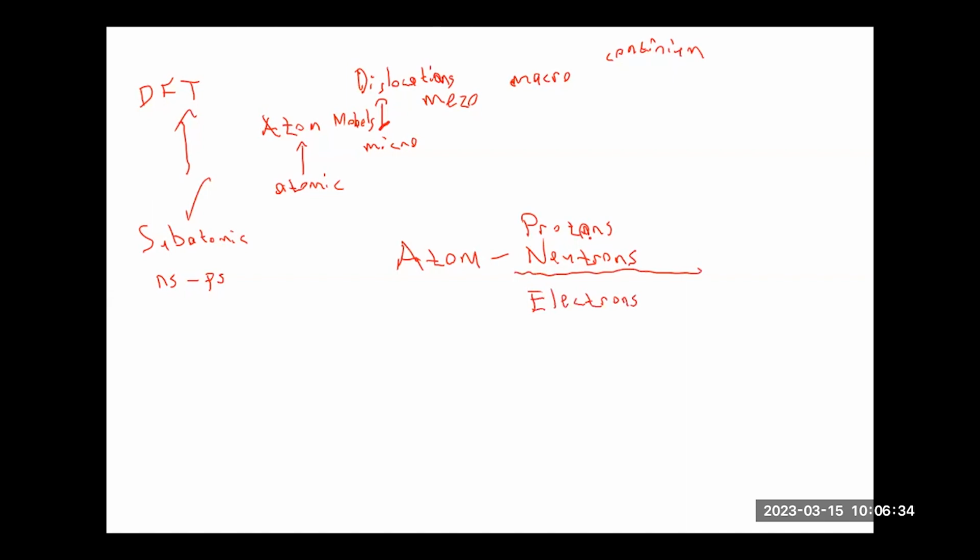So do you guys know the mass of the nucleus? The total of protons and neutrons. What's the mass? Proton mass plus neutron mass is around 1.6 times 10 to the minus 27 kilogram.